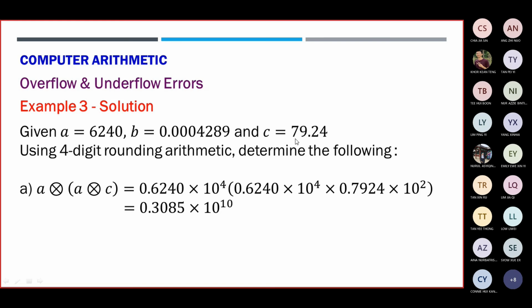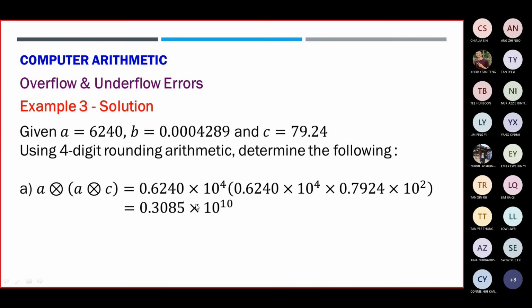C is 79.24. Again, change it into NDFP form, so 0.7924 times 10 power of 2. Once you're done, simplify it and you get the value 0.3085 times 10 power of 10. That is your final answer. Very simple, just follow the steps exactly. That's your first step, this is your second step, and this is your third step. Just 3 steps are required to complete your solution.